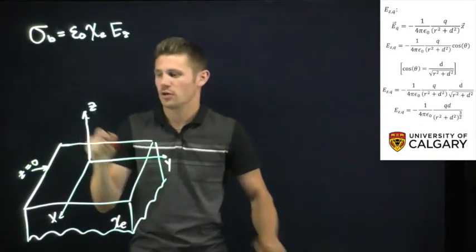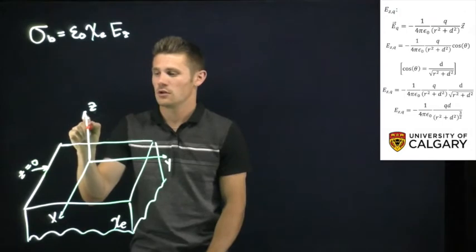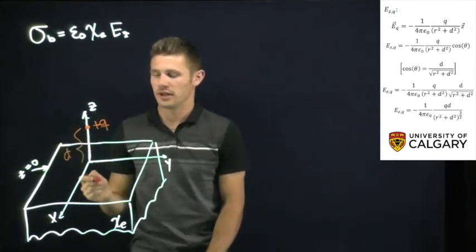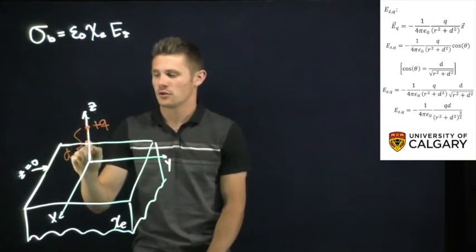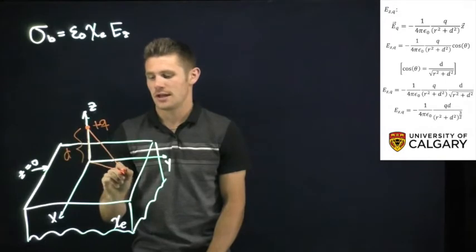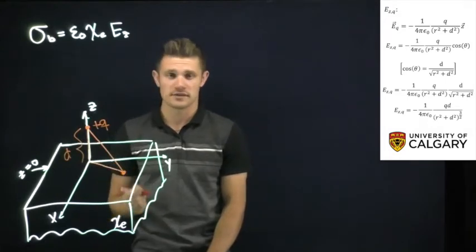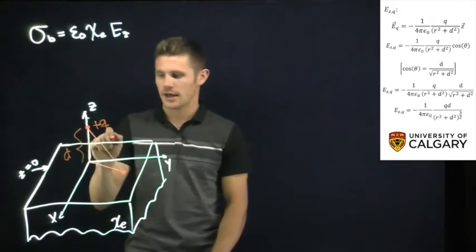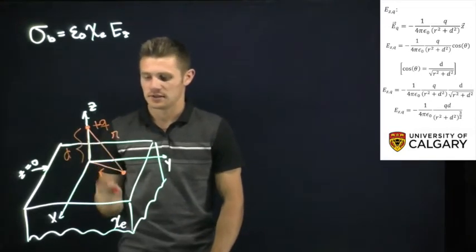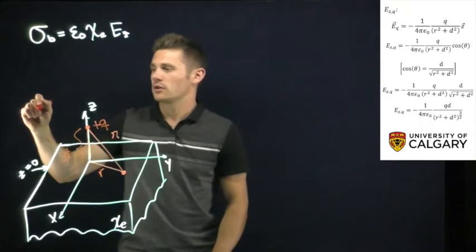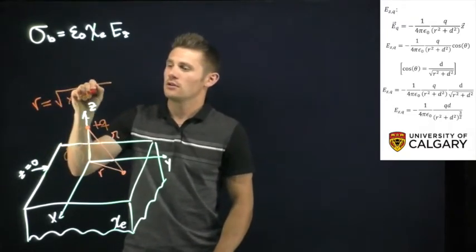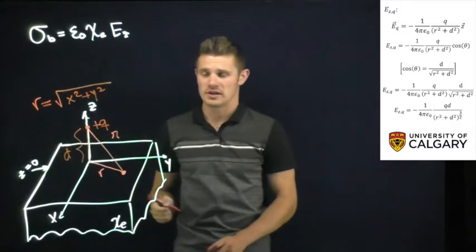Now, if we draw our point charge q here, a distance d above the plane, we know that this charge will induce an electric field at any point on this dielectric surface, and this will be at position script r, a distance r in the xy plane, where r is the square root of x squared plus y squared in terms of position.